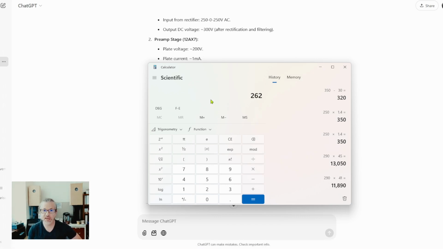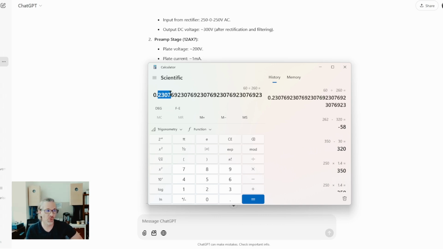We had 320 volts, minus 262, so 58 volts is the difference between the operating condition of the tube and the actual voltage that the proposed power supply provides for your tubes, and that's about 60 volts higher than 260 volts. Now that's a lot. Like 60 divided by 260, that's 23% over voltage.